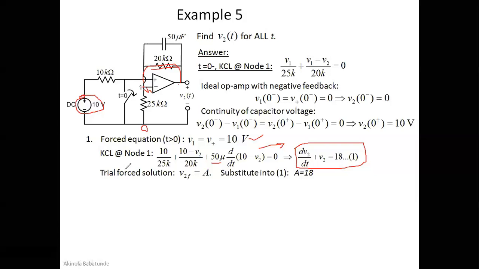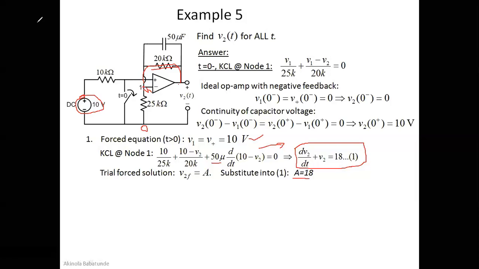So assume a trial forced solution V2f equal to A. If you put that in this expression, dA/dt gives you 0, and then you have A equal to 18 left at the end of the day.